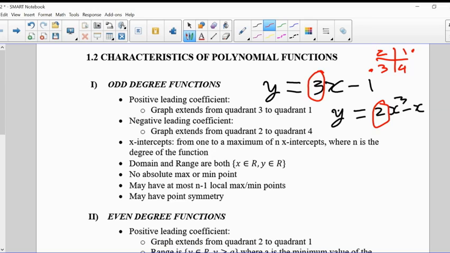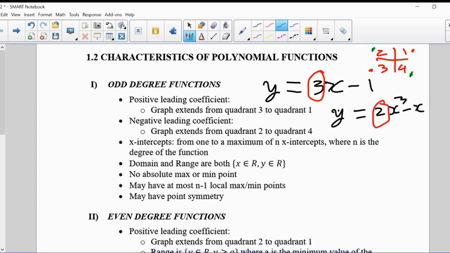These two functions, both odd degree with a positive leading coefficient, both go from 3 to 1. If it's negative, though, then it goes from 2 to 4. And remember, we always read from left to right.